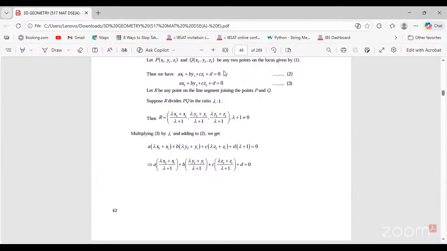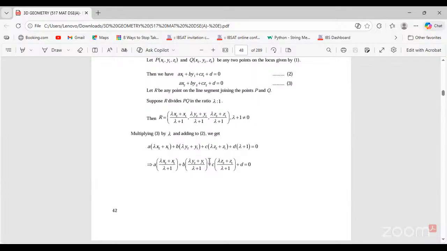Adding this to equation 2, we get a lambda x2 plus ax1 plus b lambda y2 plus b y1 plus c lambda z2 plus cz1 plus d lambda plus d equals 0. Separating the coefficients of a, b, c and d: a into (lambda x2 plus x1) plus b (lambda y2 plus y1) plus c (lambda z2 plus z1) plus d (lambda plus 1) equals 0.